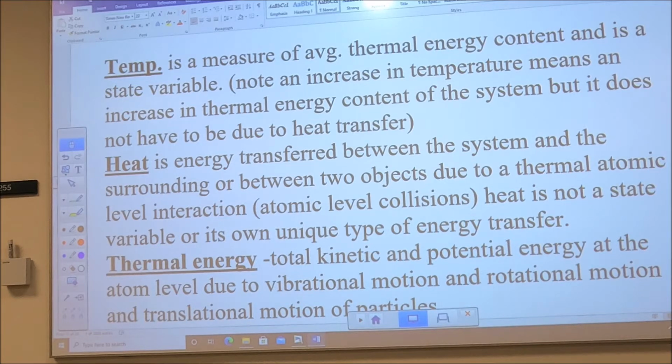So if temperature increases, thermal energy had to increase, because for the average to increase, the overall has to increase. Heat then is that energy transfer between a system and its surroundings, or between two objects, due to thermal atomic level interactions. This is essentially collisions on the atomic or molecular level. And heat is not a state variable.